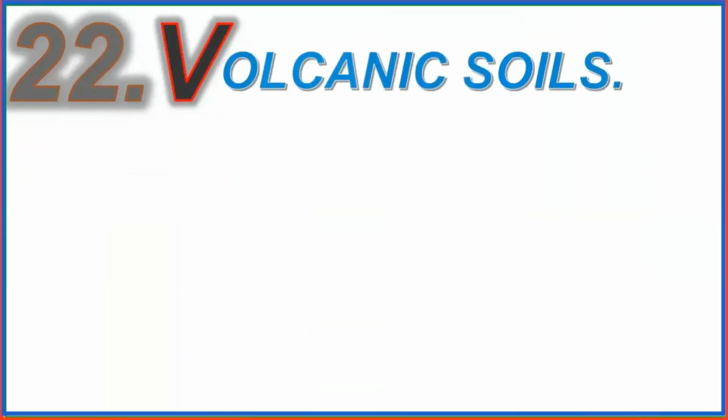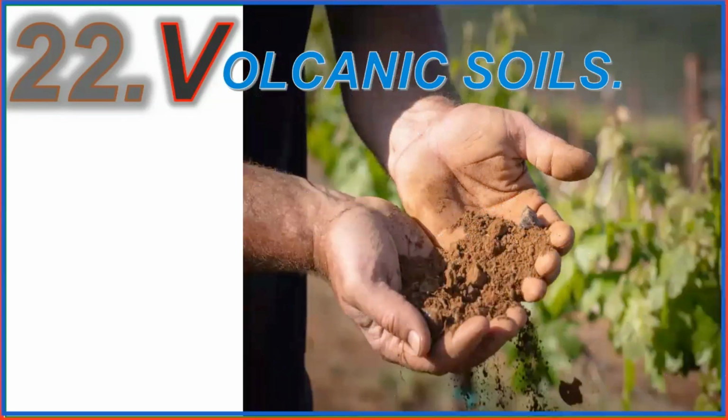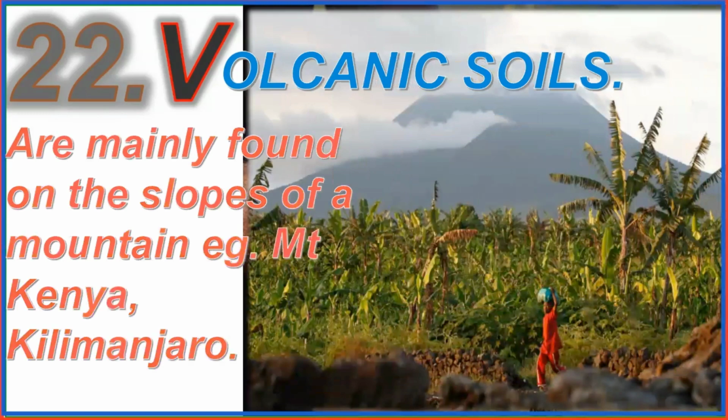V for volcanic soils. Remember, this is red volcanic soil. Volcanic soils are mainly found on the slopes of a mountain. Example, Mount Kenya, Mount Kilimanjaro. They are usually very fertile.